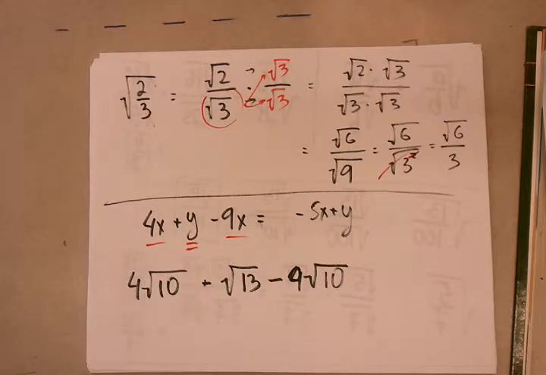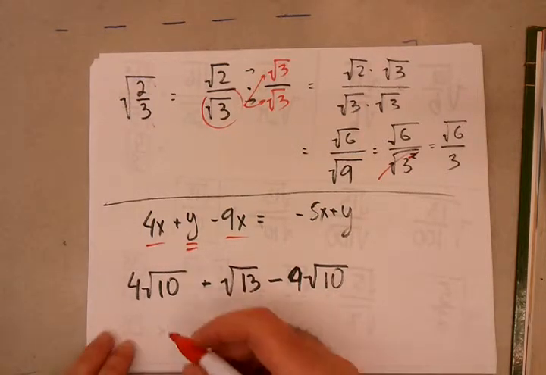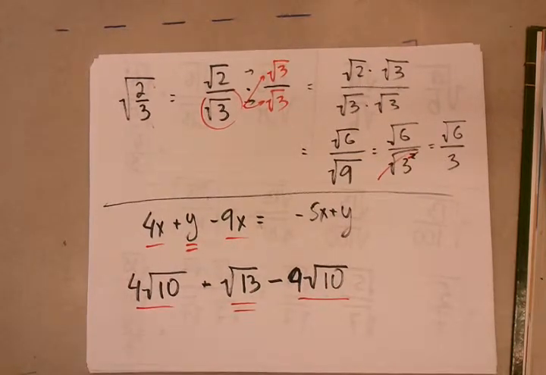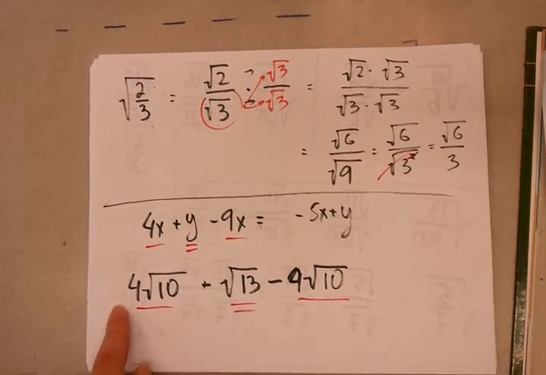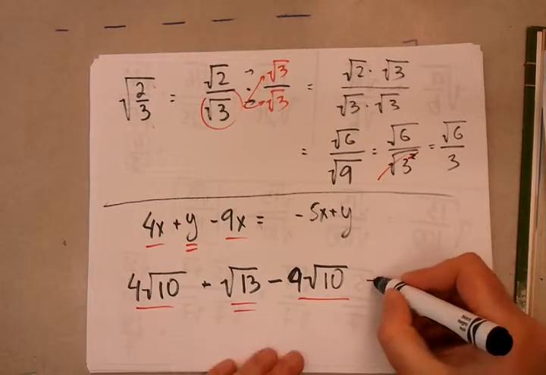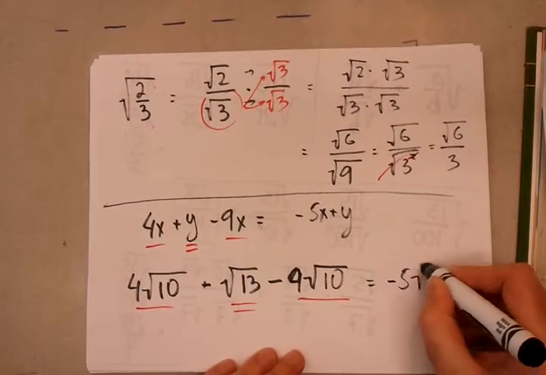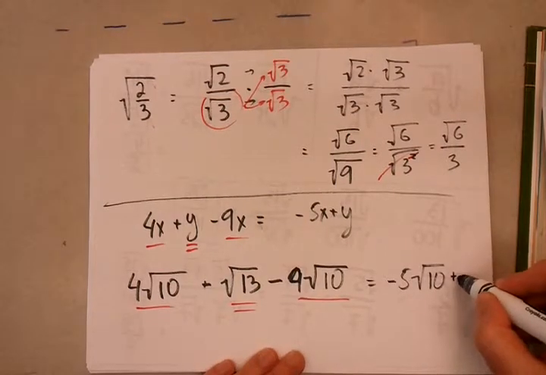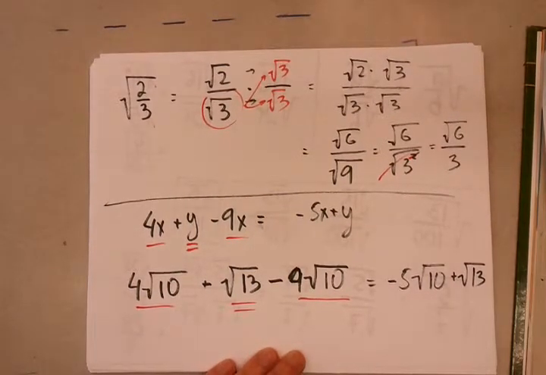Whenever you have addition and subtraction with square roots, you can combine square roots or terms that have the same square root just like you can combine like terms in this problem here. So you can combine this, you can combine this, you can't combine this. 4 root 10 minus 9 root 10 is going to be negative 5 root 10. And then because you can't do anything to the root 13, it just ends up here.